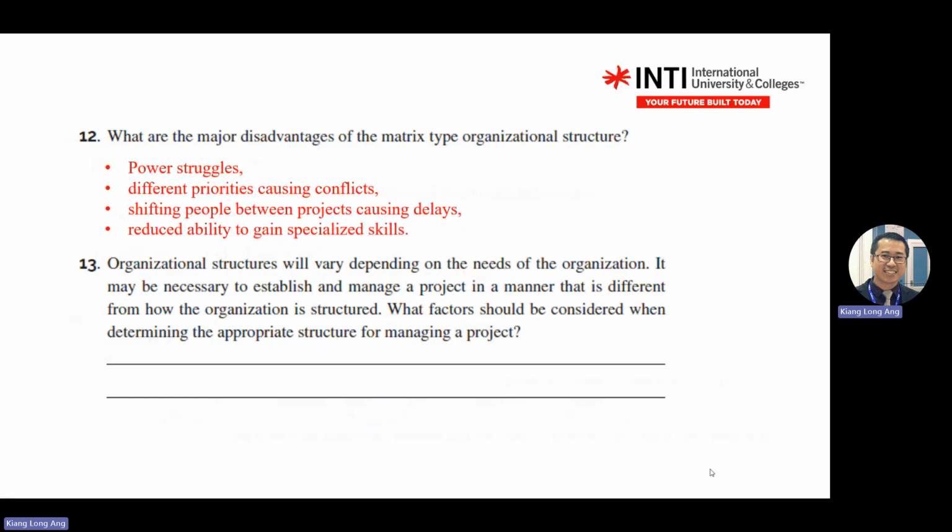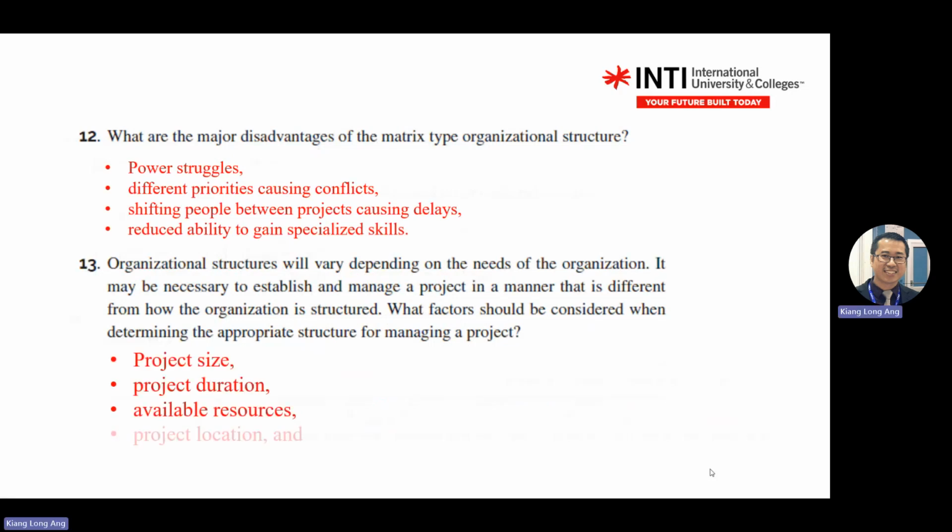You use those keywords to decide, based on the table just now, the resources and what else? There are many. Project size, duration, location, and so on. So time, resources, location, size, personnel, experience or resources that you have. Okay.